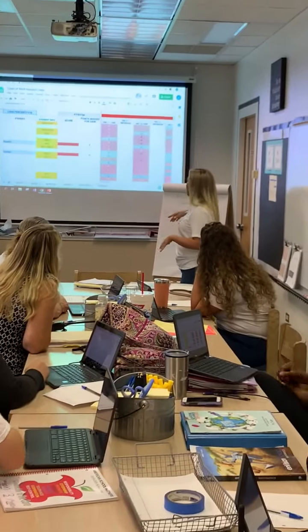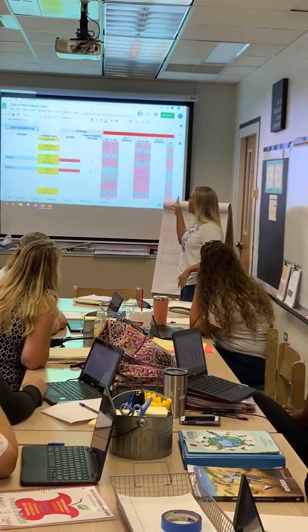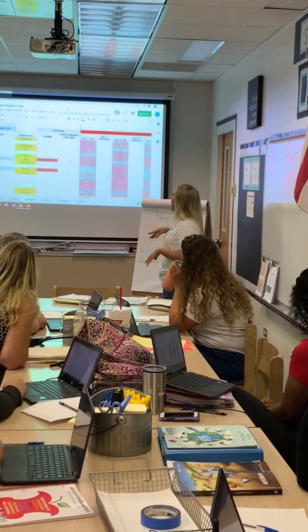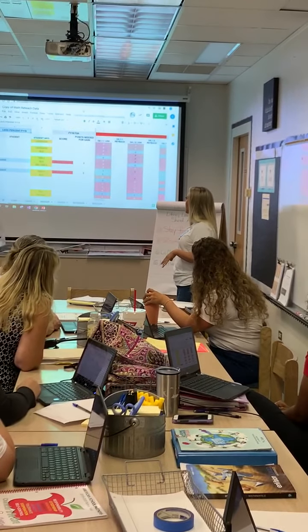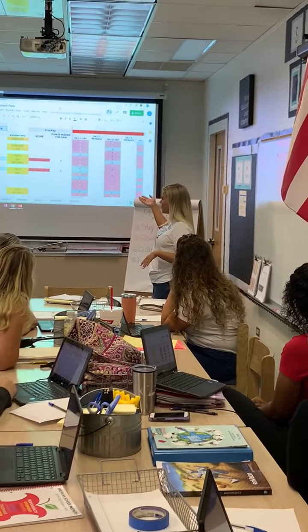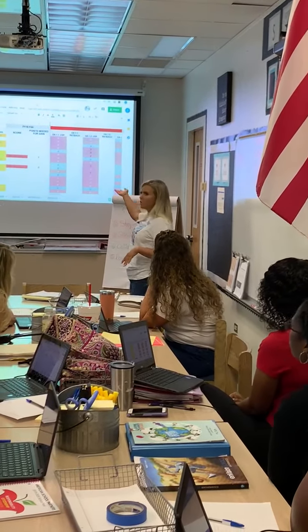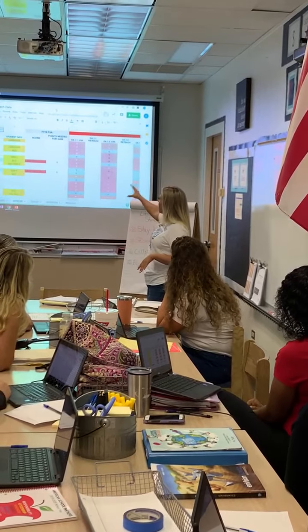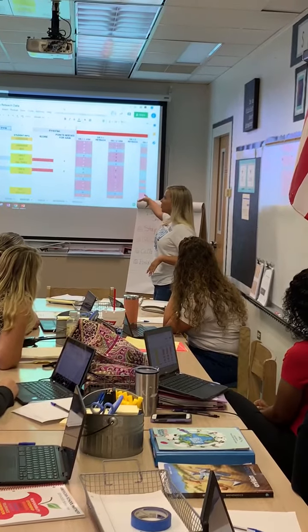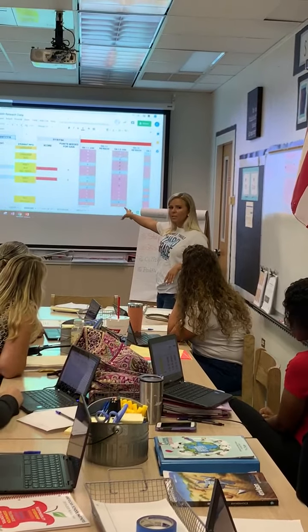So in order for this child to make a gain, they were 4 points off to getting to a high level 1. So when I'm thinking about the next one, I see 279, 6 points off. Still super close. So based on this data, what could this teacher do to target this child to make gains?